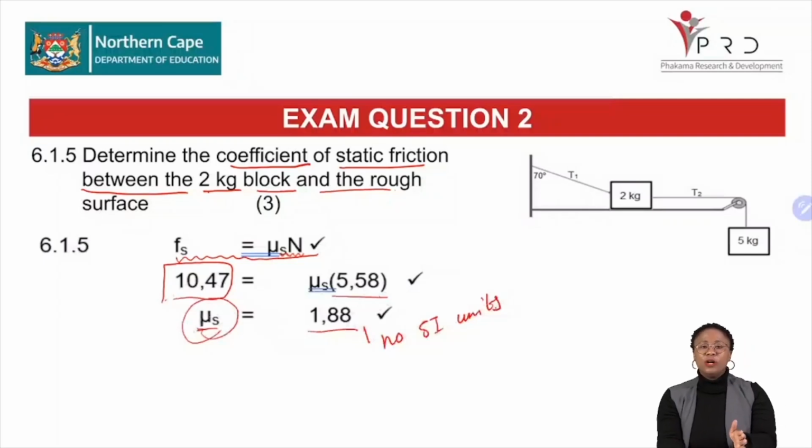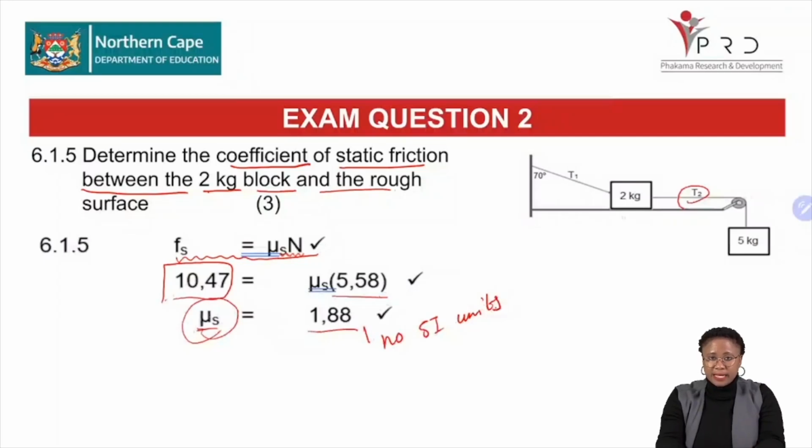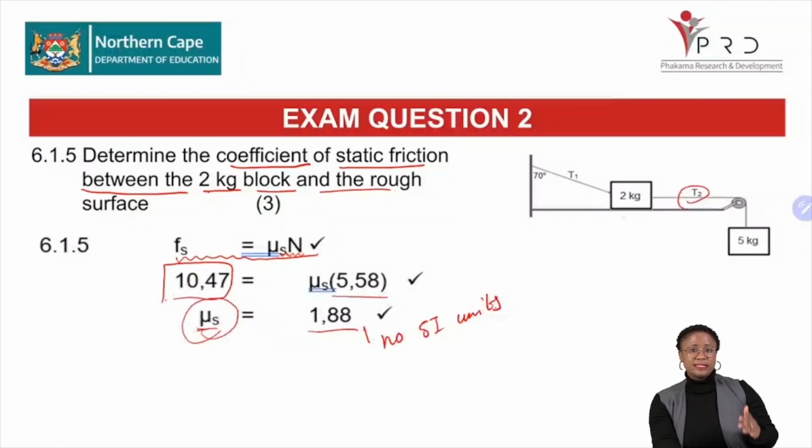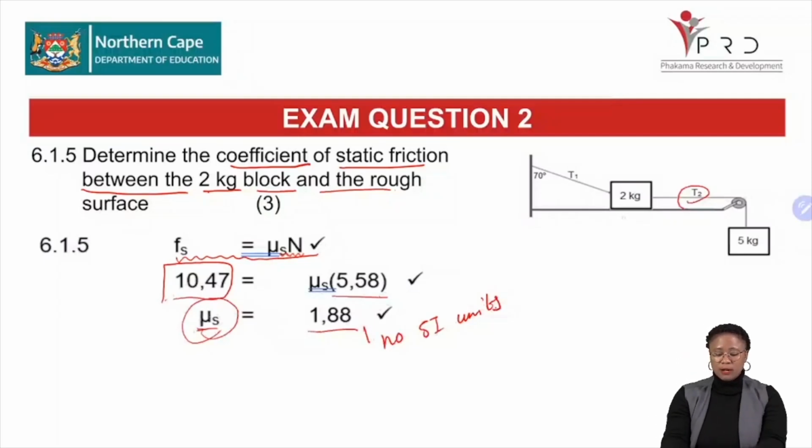Now, what you must remember is that even if you got the previous questions incorrect, but you got the first question correct, you calculated your tension, your T2, and you got the incorrect answer, but you continued with all the steps as we have done it, remember that there is positive marking. You must not give up, okay? Even if you are not sure the answer is correct, just continue with your calculations. Don't give up there.